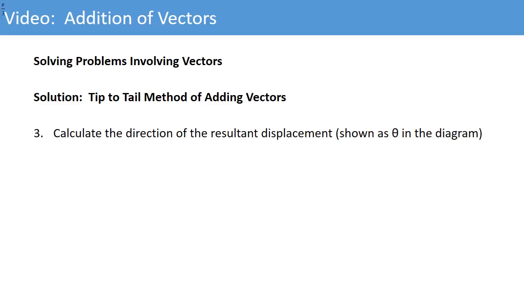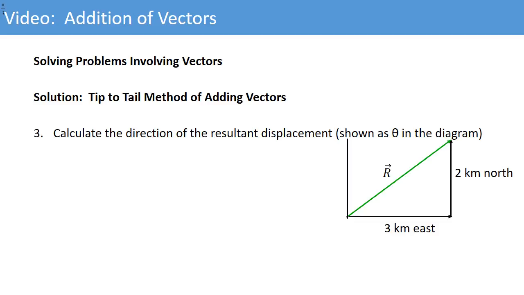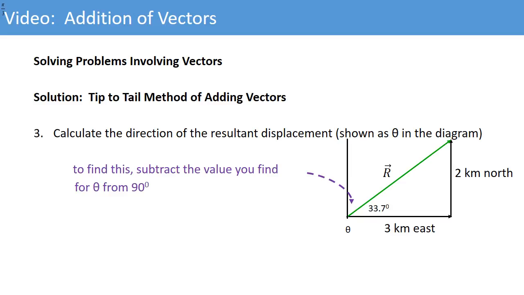Now, we want to calculate the direction of the resultant displacement as shown in the diagram. We know that theta is 33.7 degrees. To find the resultant angle measure, we subtract the value we calculated, 33.7, from 90.